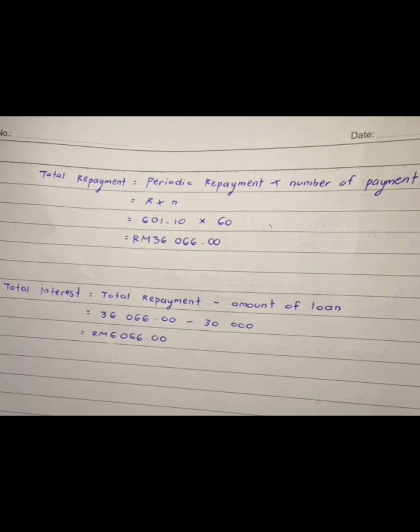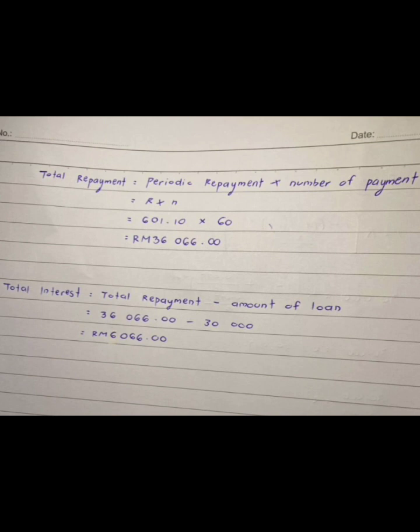Total repayment equal periodic repayment multiplied by number of payments. 601.10 multiplied by 60 and then got RM 36,066 ringgit.